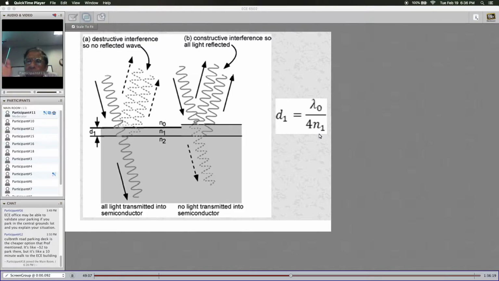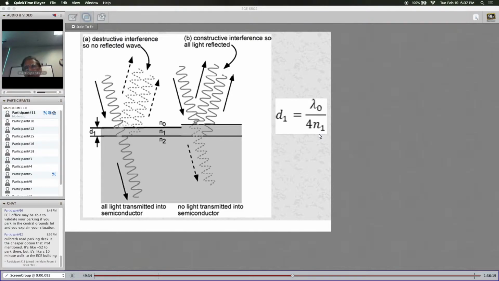So we found the condition for thickness has to be lambda over 4n1. So if you are given a material substrate and asked to design an anti-reflection layer, you should be able to calculate what thickness to use. Is that clear?